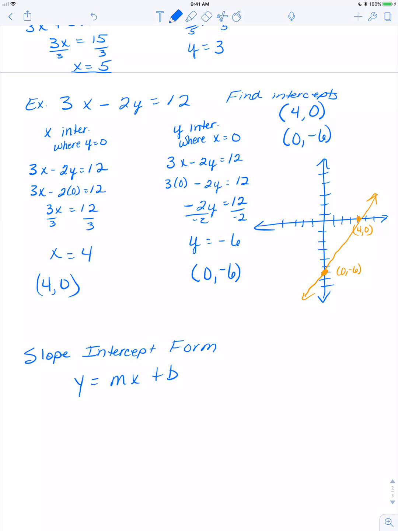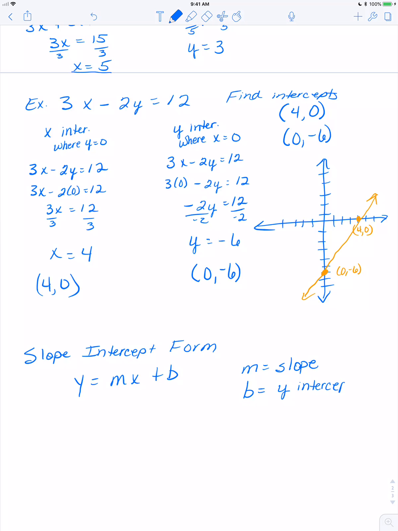Well, remember, m usually stands for our slope. So putting it in this format, if you solve the equation for y, then this easily tells us what our slope is. The b term here automatically tells us what our y-intercept is.